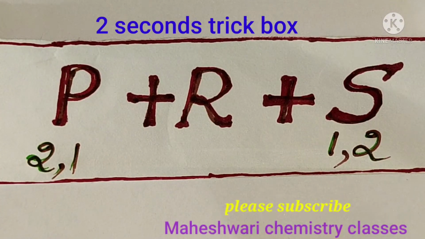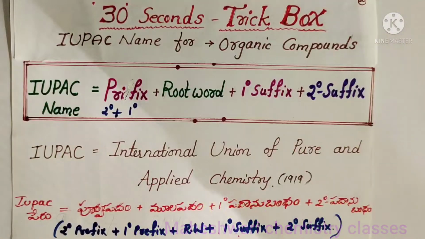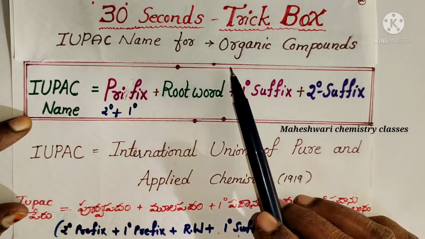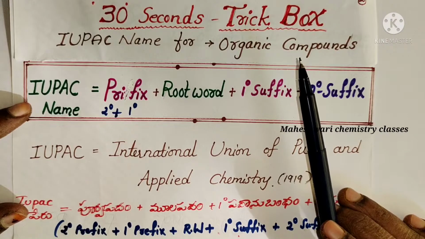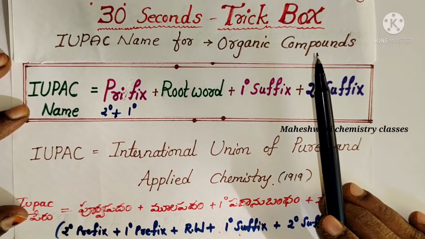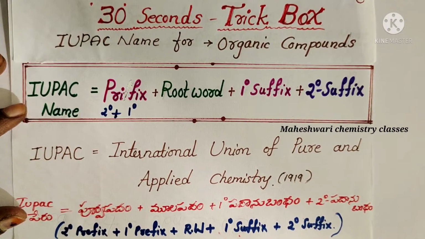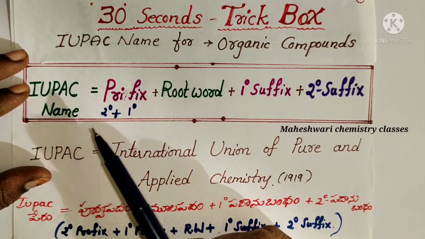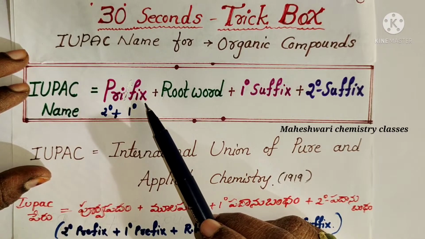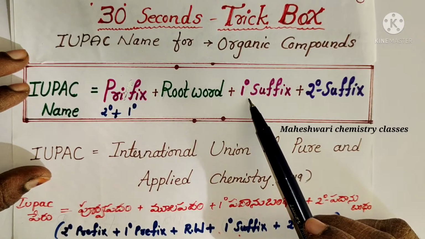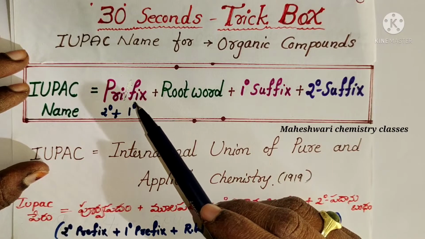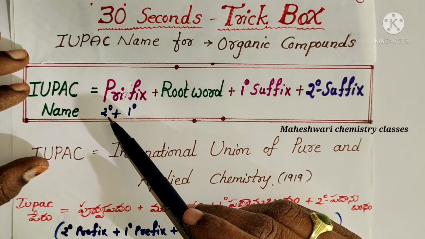What is that? Now I will explain. See here, this is the 30-second trick box. Here is the IUPAC name for organic compounds. It is applicable for any type of organic compounds, 99% this formula is applicable. So for the IUPAC name, we first have to consider prefix plus root word plus primary suffix plus secondary suffix. For prefix, mostly we are considering only secondary.